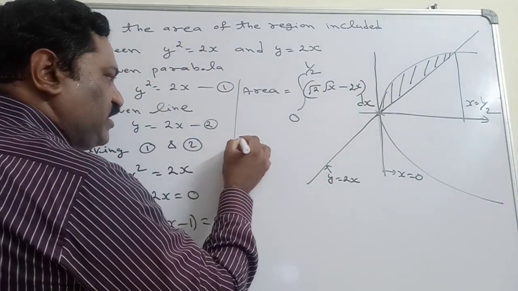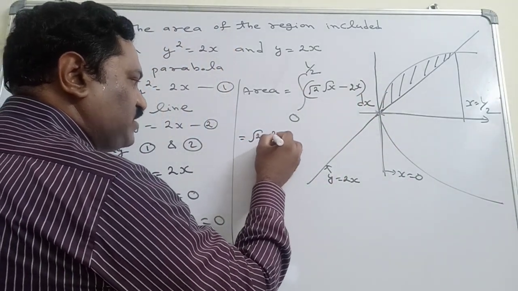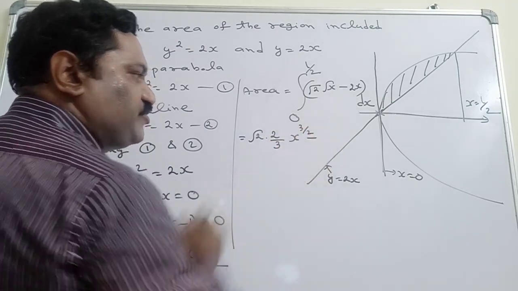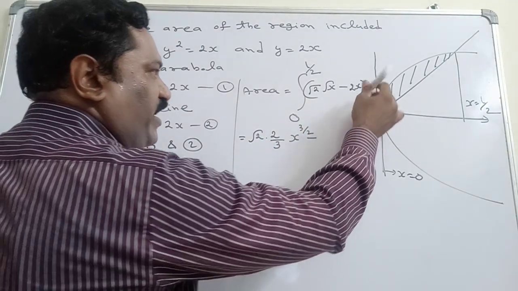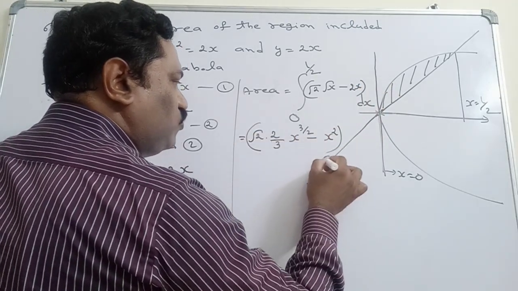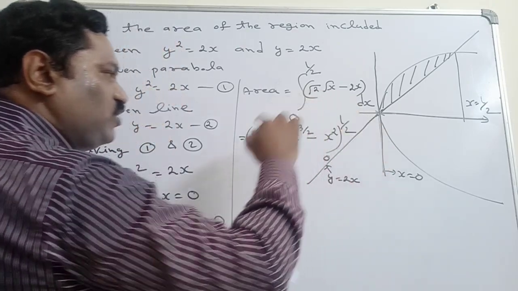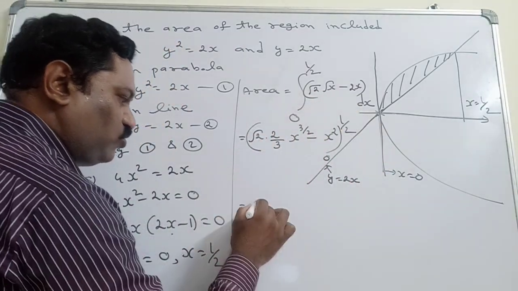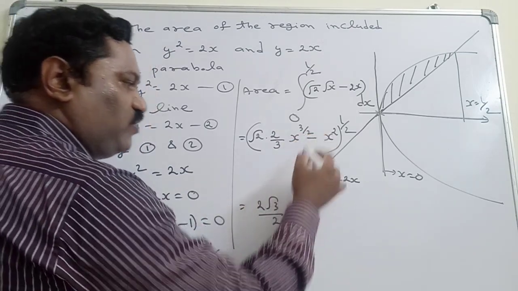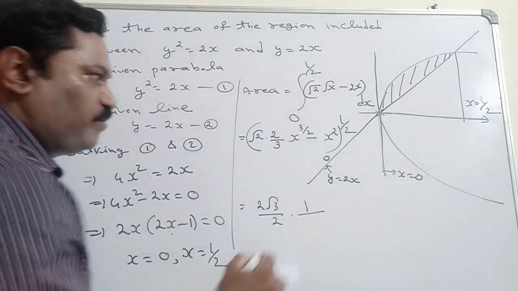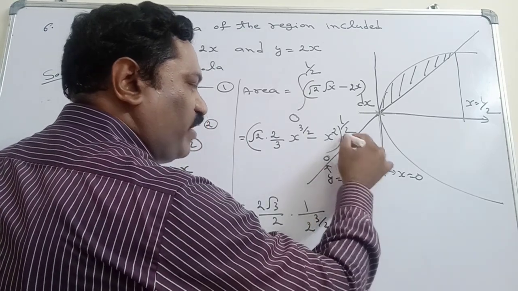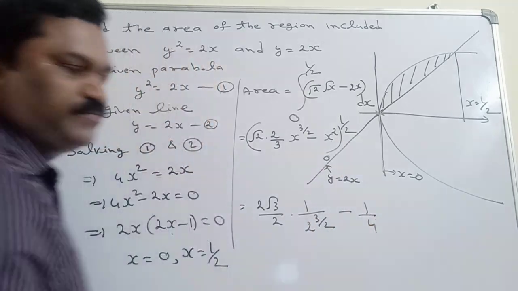Now this is equal to root 2 times the integral of root x, which is 2 by 3 x power 3 by 2, minus the integral of 2x dx, which is x square. Then keep the limits 0 to 1 by 2. First we substitute the upper limit, that is 1 by 2. So it is 2 root 2 by 3 into 1 by 2 whole power 3 by 2, that is 1 by 2 power 3 by 2, minus 1 by 2 whole square, which is 1 by 4.